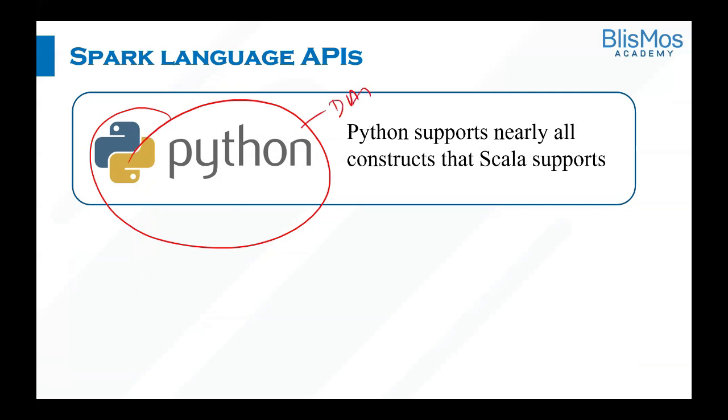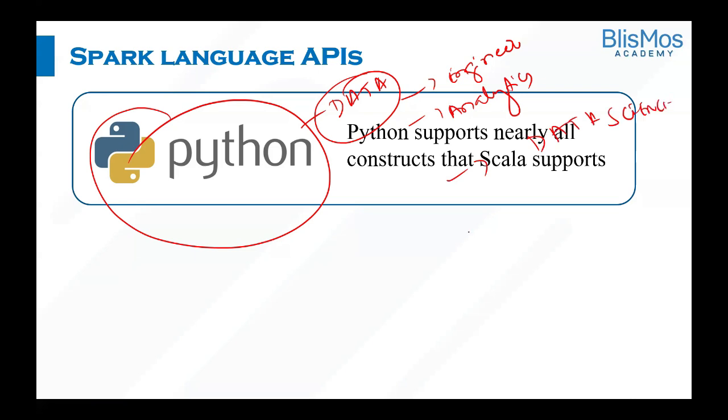If you want to perform data engineering, you can use Python. For analytics, you can use Python. For data science, for DL, ML, for all the things you can use Python. That is the reason the creators of Spark gave a language API to support Python as well.